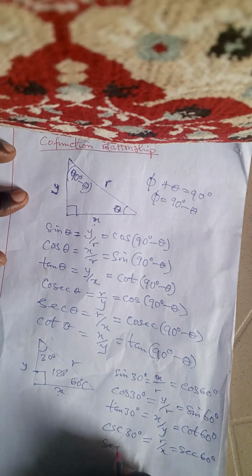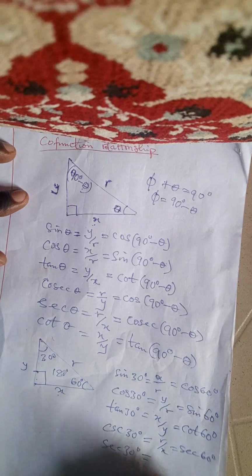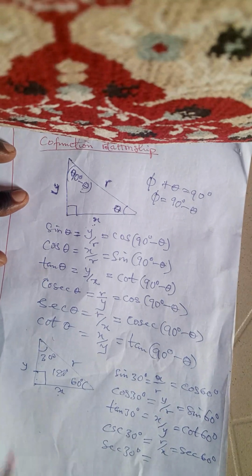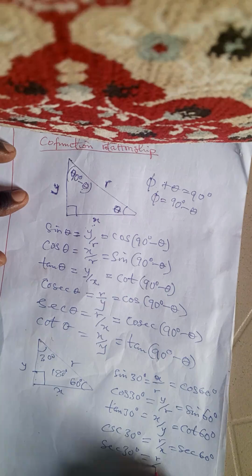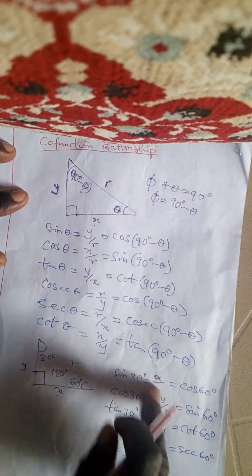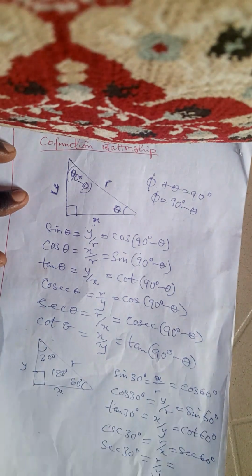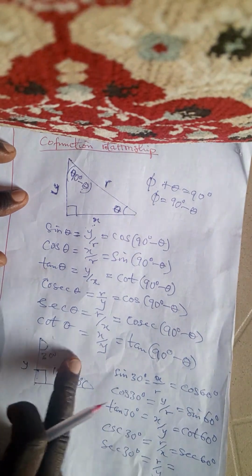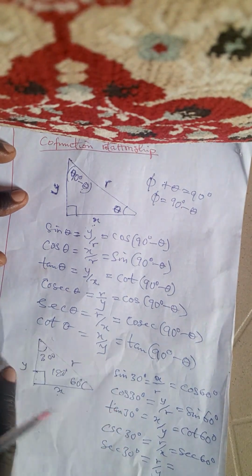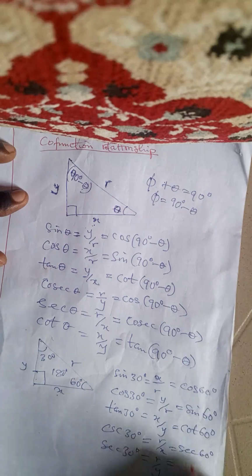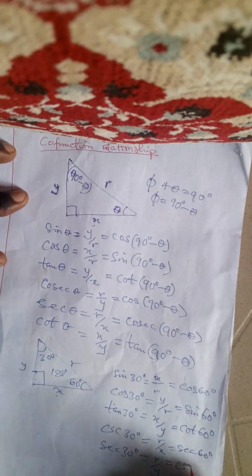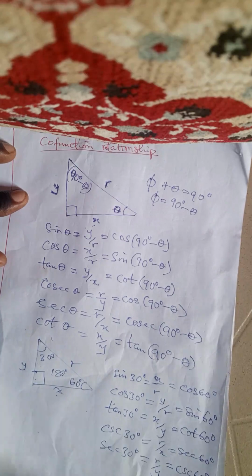Now, sec 30 degrees is equal to r over y. In terms of 60, r over y is the reciprocal of sine, which is equal to cosec 60 degrees.